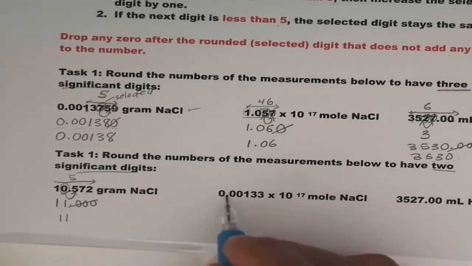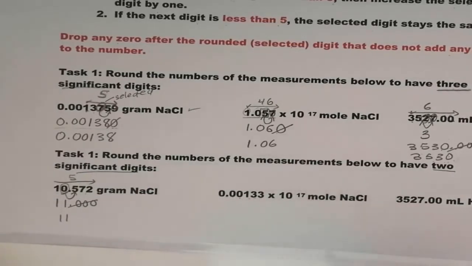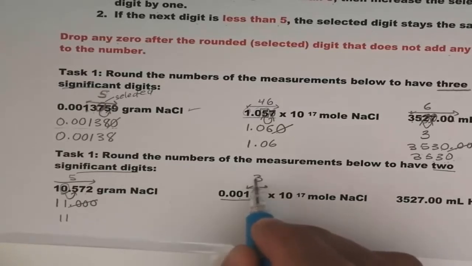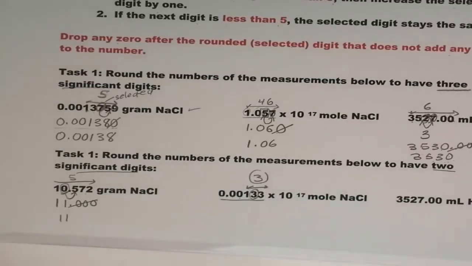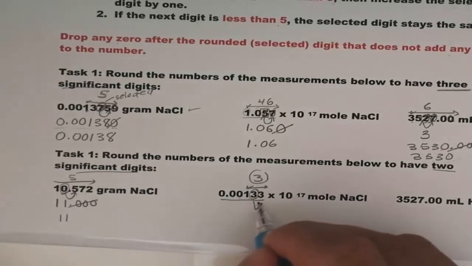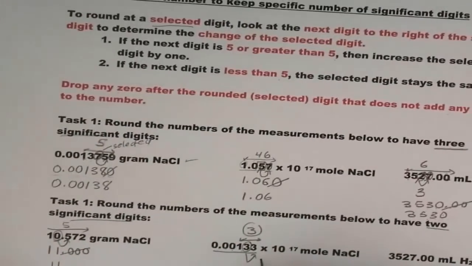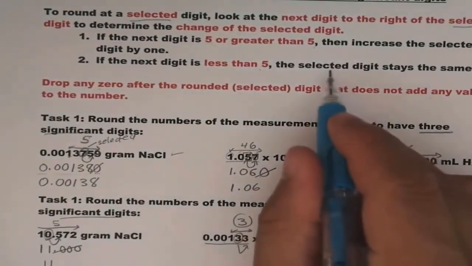Now let's try another problem. We have 0.00133. Again, this is a decimal number. So this is our coefficient part, and this is our first non-zero, so we're counting. In this case, there are 3 sig fig. And our second one is that first 3 right there. So we look at the next digit. That 3 is less than 5, so the selected digit stays the same.